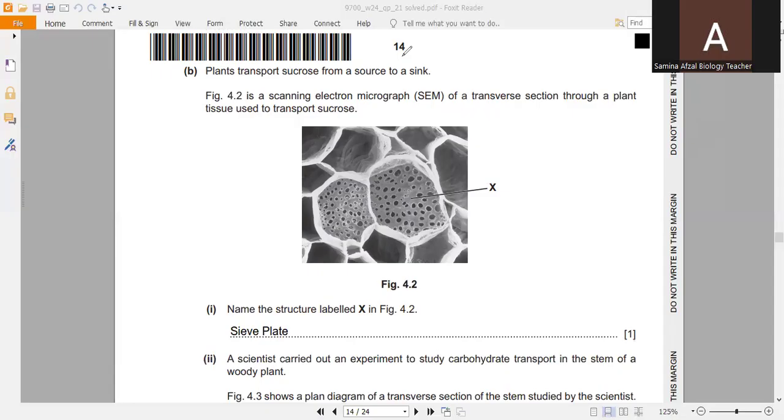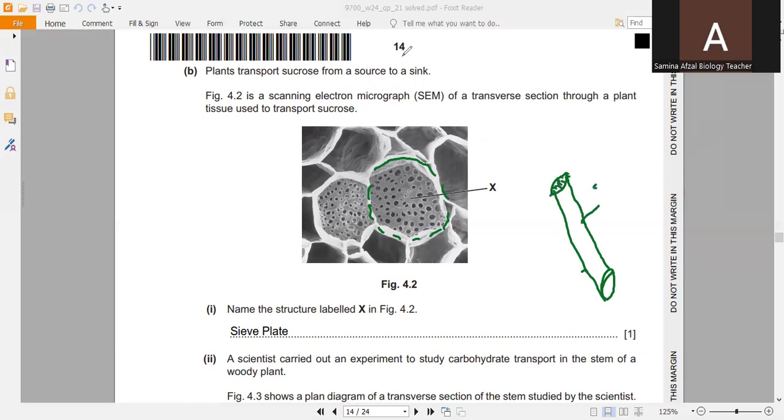Figure 4.2 is a scanning electron micrograph of a transverse section through a plant tissue used to transport sucrose. Name the structure labeled X. Here you can see this structure is a sieve plate. The phloem conducts the food from the source to the sink.